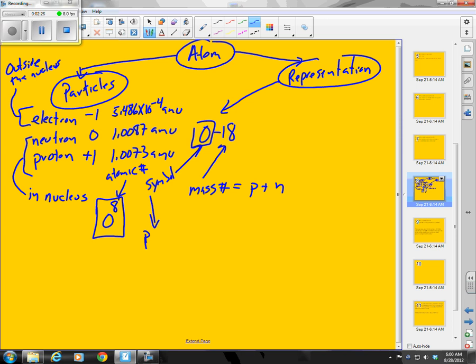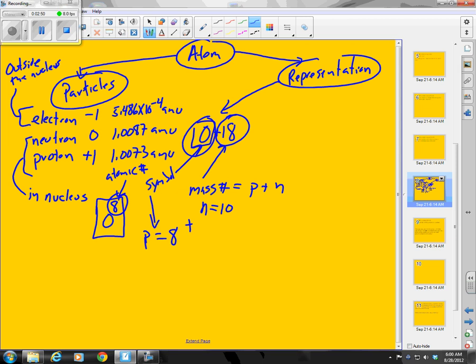So I know that there are 8 protons. If I have 8 protons, then I can figure out from the mass number the number of neutrons. In this case, there would be 10 neutrons because I have a mass number of 18. That means the total of protons plus neutrons is 18. So that's one way we can look at the symbol and figure some things out.